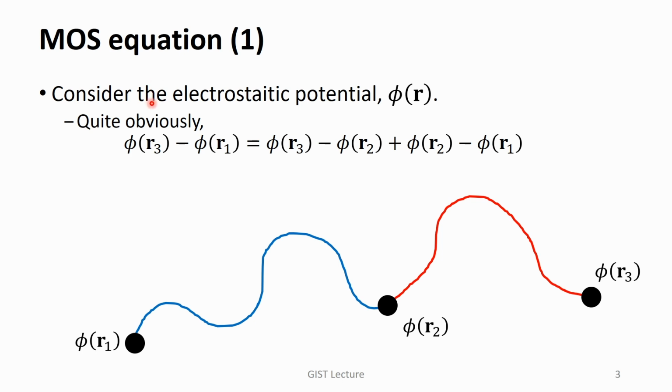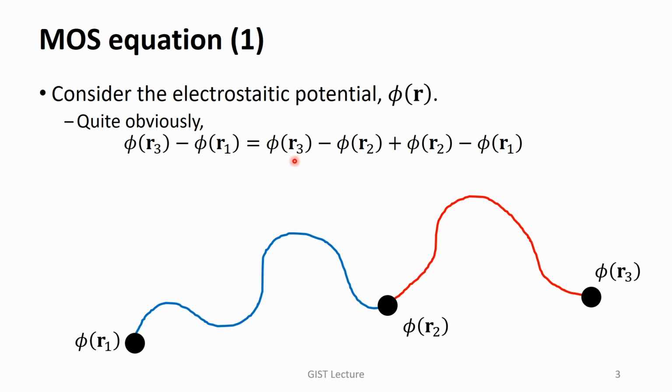Consider the electrostatic potential phi. Also, consider 3 points R1, R2, and R3. Then, quite obviously, the potential difference between R3 and R1 can be divided into two terms.